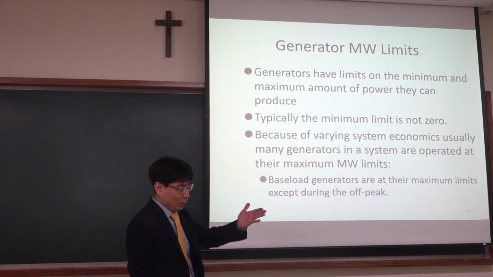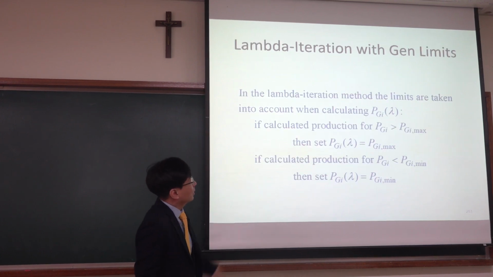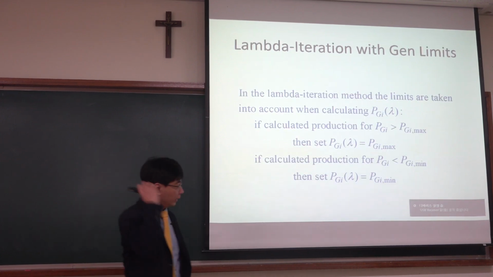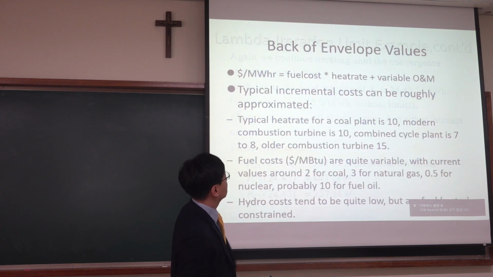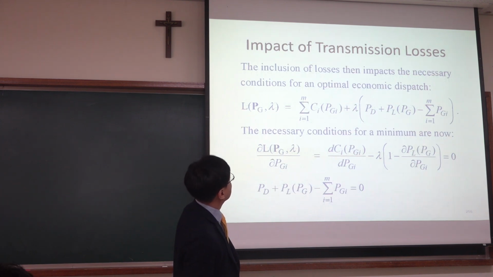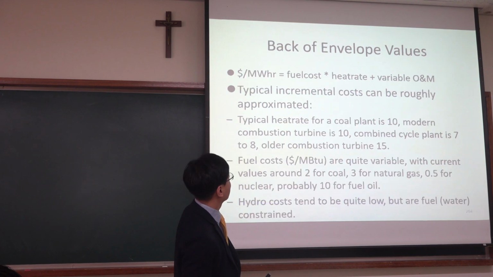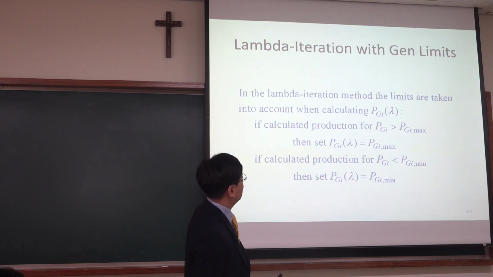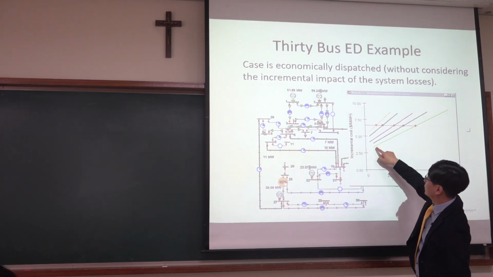Anyway, when we have a lower or maximum limit, we can still apply the same lambda iteration. The method is tedious, so I want to skip it. So where is the figure? Oh, we don't have the figure. Anyway, when there is a limit, you can just modify this curve.